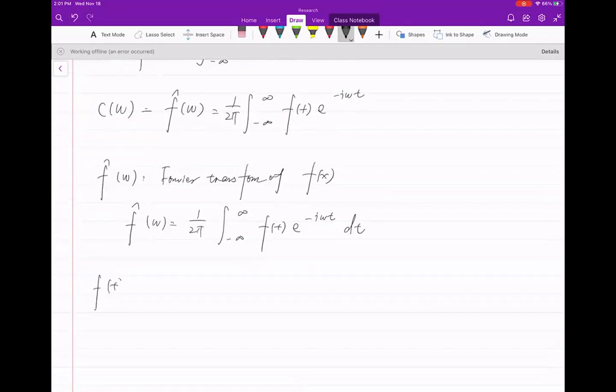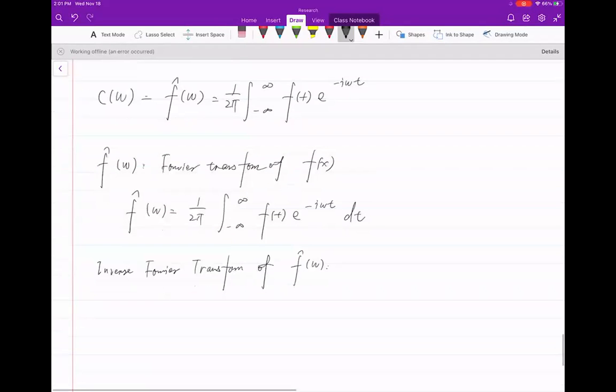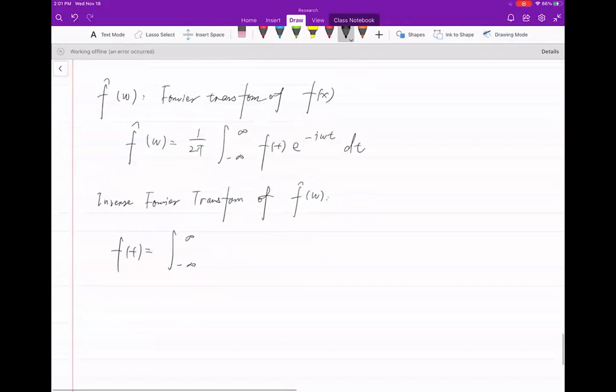And then this is going to be the inverse transform. Inverse Fourier transform of f hat of omega is going to be f(t), equals the integral of f hat of omega e to the i omega t d omega.